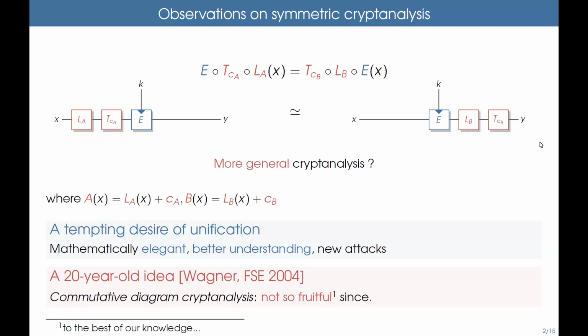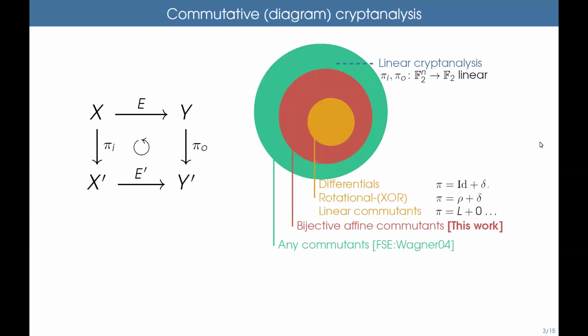And to the best of our knowledge, the framework of Wagner has not been instantiated in 20 years. So just to sum up his ideas, it's exactly the same as I explained, but instead of using bijective affine commutants, you can use any input and output mappings. So it is a very general framework.